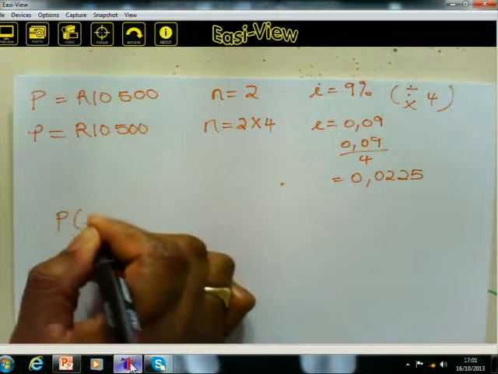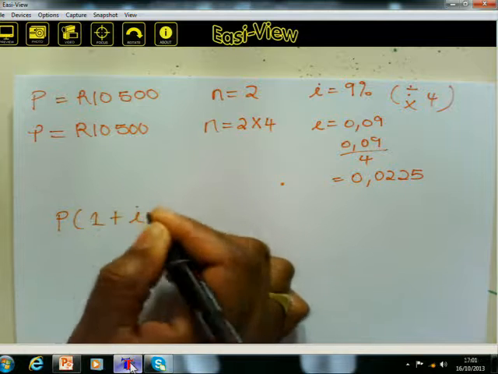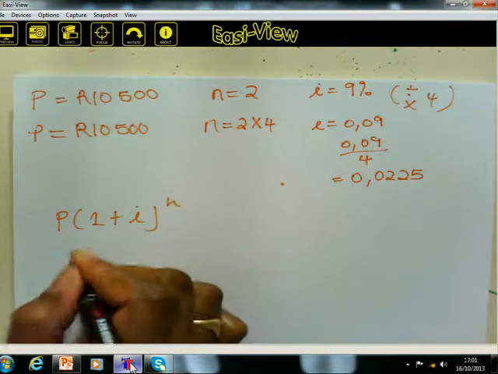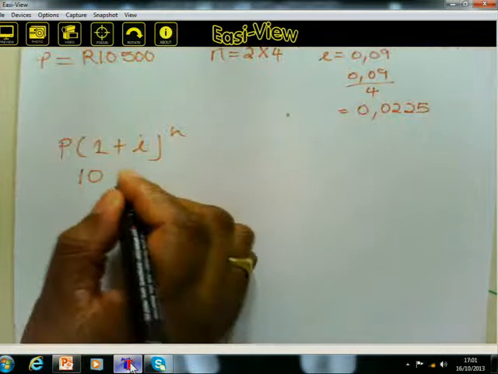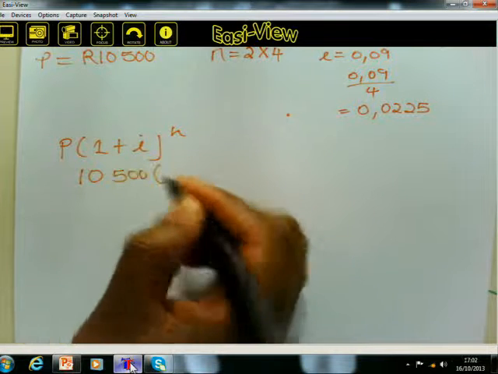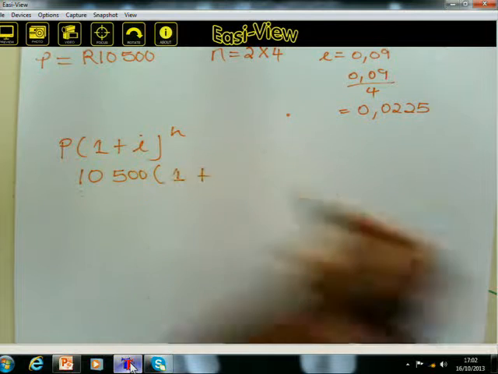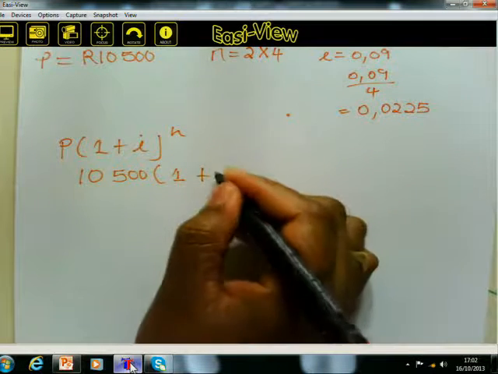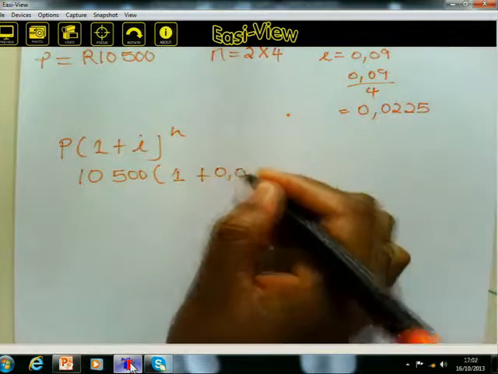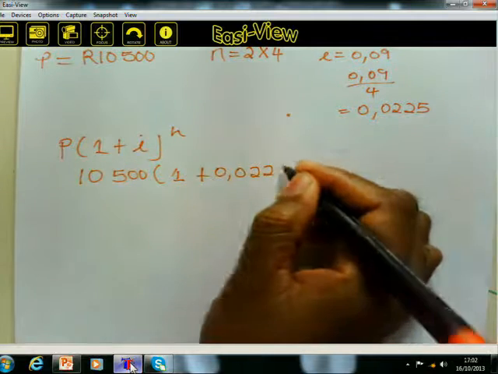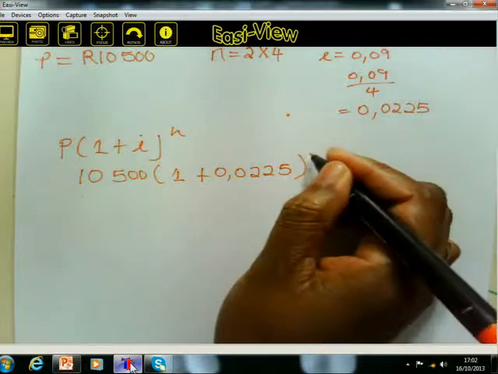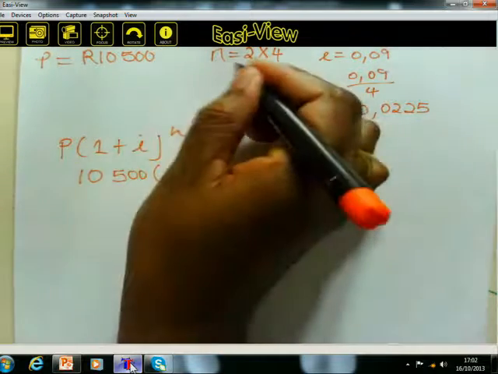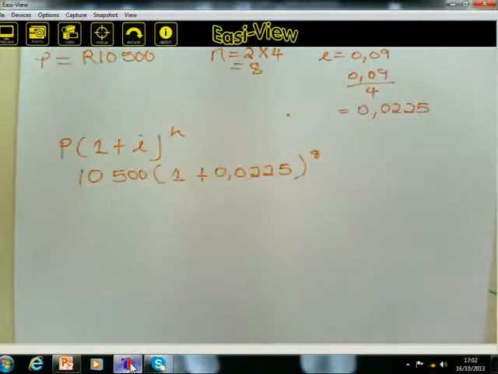So now, there we have everything that we need. Principal amount times 1 plus I to the power of N. What is the principal amount? It's 10,500. 1 plus, what is the interest? 0,0225. The number of years, we have 8. You can just say N equals 8 there.